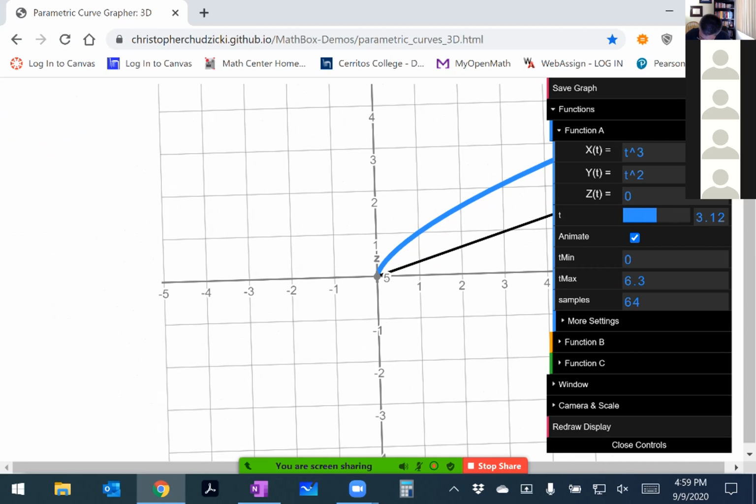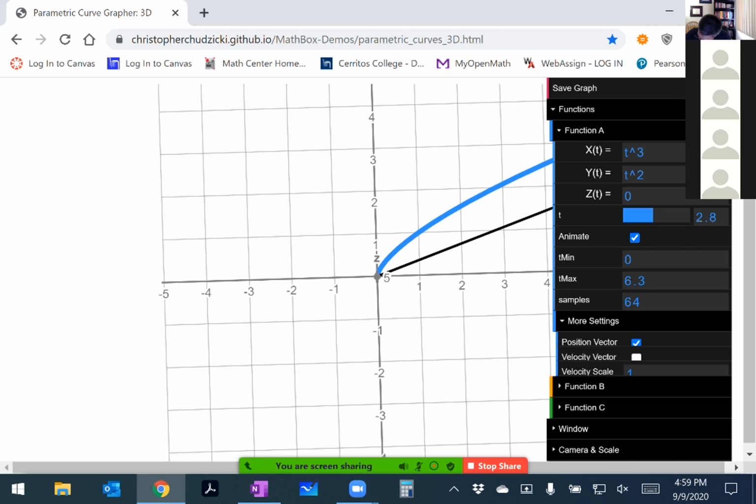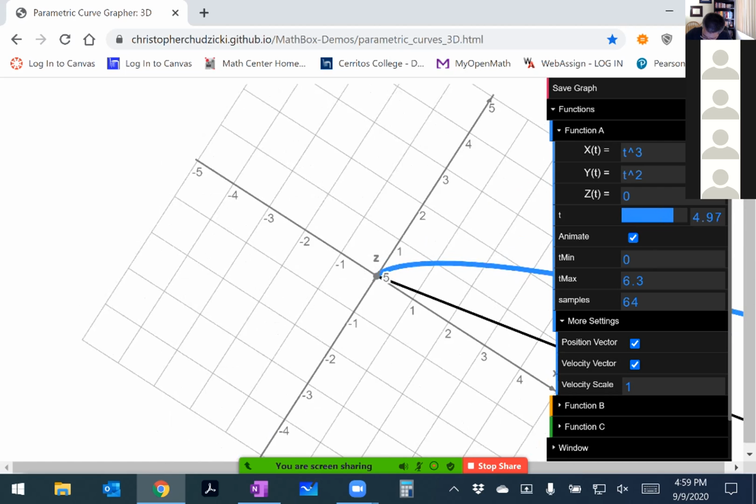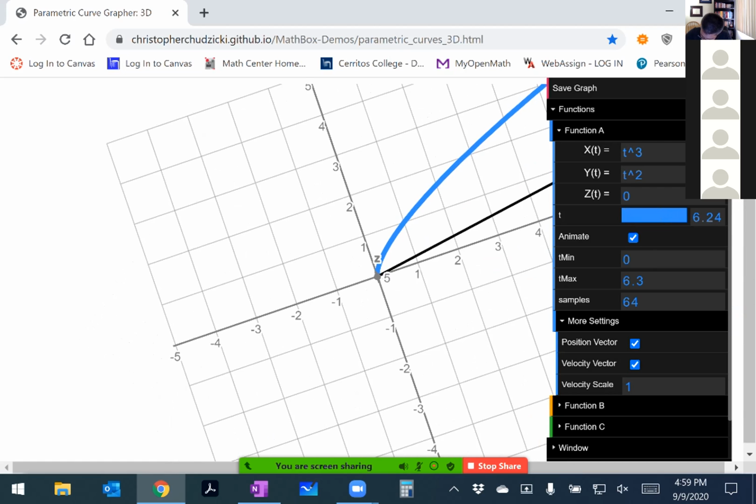Okay, traditional XY axis. And then the position vector is r of t. Let's look at the velocity vector. So they give me the velocity vector too. Wish I could move this over, but I can't. That sucks.